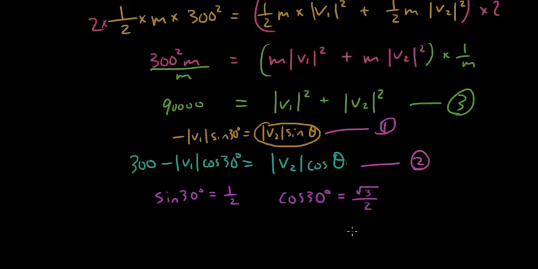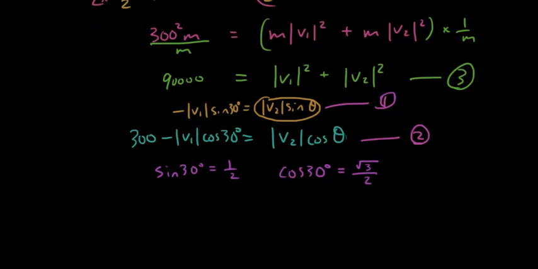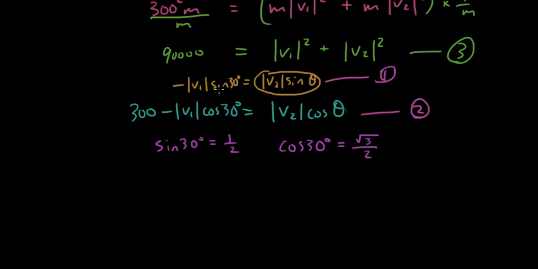If you have a calculator, you can probably just type them in and it'll tell you that. So I can replace the trig ratios with sine 30 and cos 30, just so it looks a little bit better.